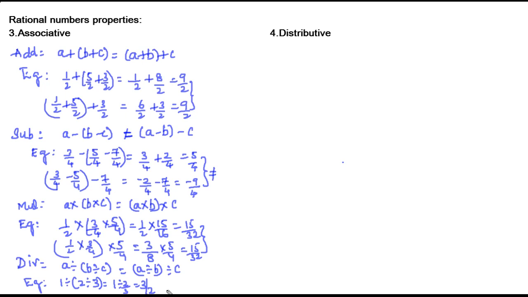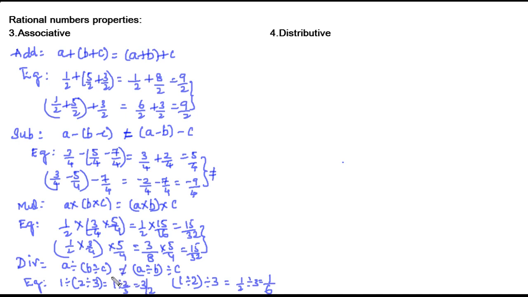Let's consider the right hand side, that is (1 divided by 2), this whole divided by 3, which will be equal to 1 by 2 divided by 3, which is equal to 1 by 6. These two are not equal. So we can say that division is not satisfying associative property.